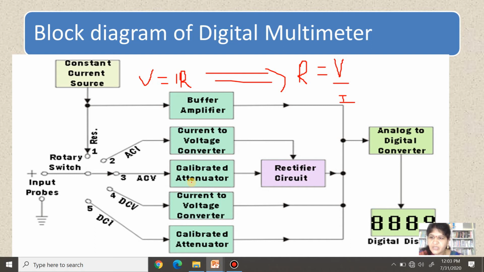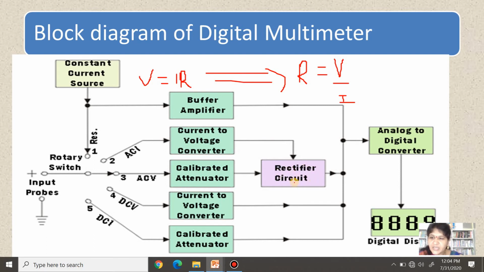Then we have the rectifier circuit, because the AC voltage has to be converted into a DC value. So we have the rectifier circuit.